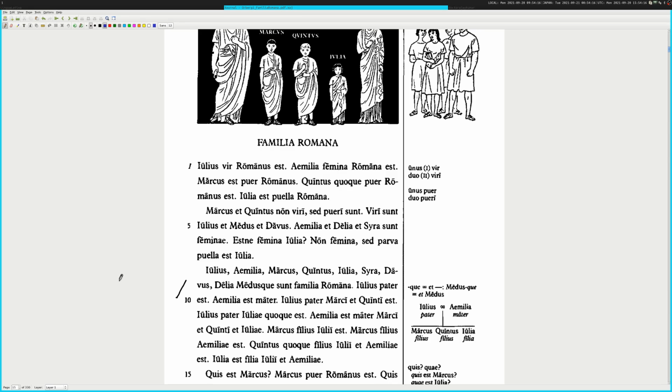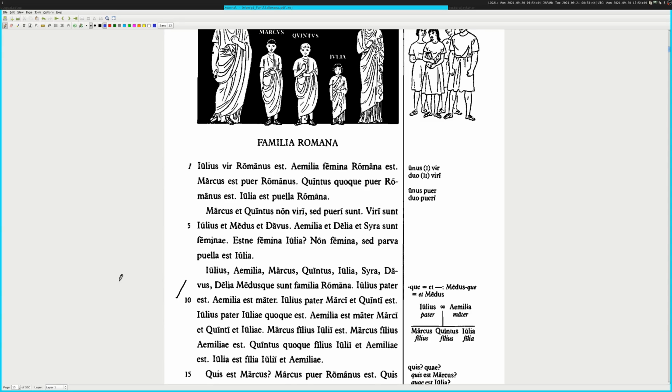Marcus, filius, that must mean brother. Yeah, Marcus is the brother of Julia. Marcus is the brother of Aemilia. Okay, so he has the same relationship to his sister and his mother. That's interesting. Okay.